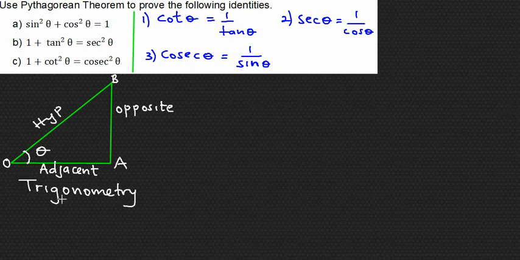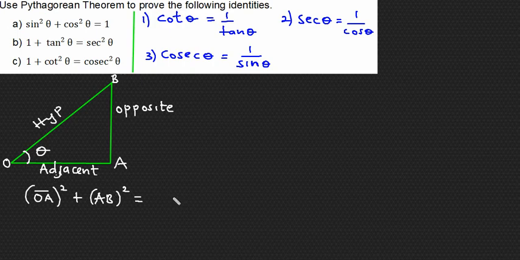So now here we are told to use the Pythagorean theorem to prove the following identities. Now, the Pythagoras theorem states that if you get adjacent side OA squared plus side AB squared, you get the hypotenuse squared.